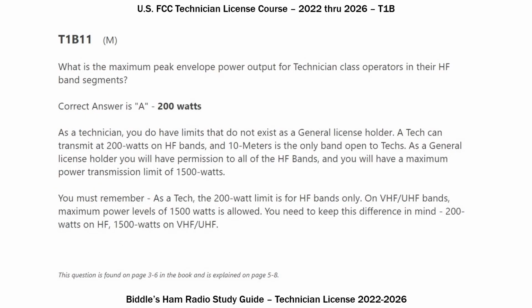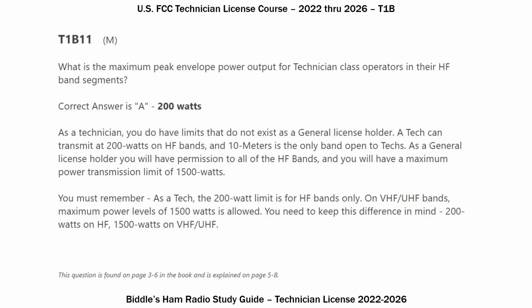Okay, so as a Technician, you do have limits that do not exist as a General license holder. A Technician can transmit at 200 watts on HF bands, and 10 meters is the only HF band open to techs. As a General license holder, you will have permissions to all of the HF bands, and you will have a maximum power transmission limit of 1500 watts.